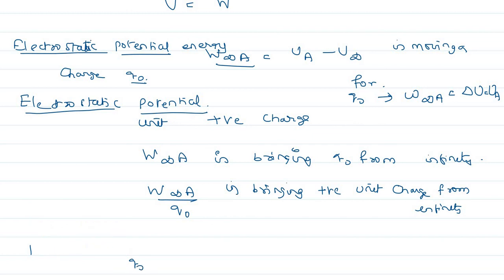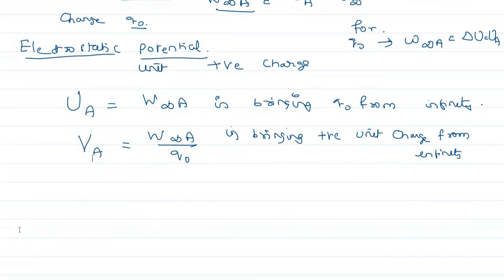When you talk about work done in bringing Q naught, that time you use electrostatic potential energy. And when you talk about unit positive charge, that time you call it electrostatic potential. So whenever you are learning electrostatic potential, you are talking about per unit charge. For bringing one positive charge, how much work you have to do? That is nothing but potential.